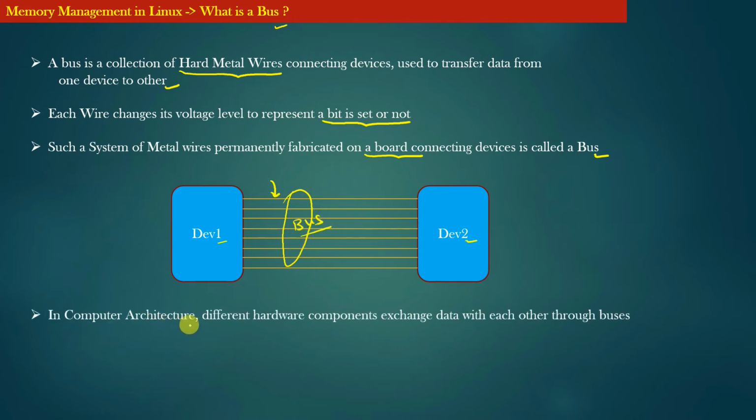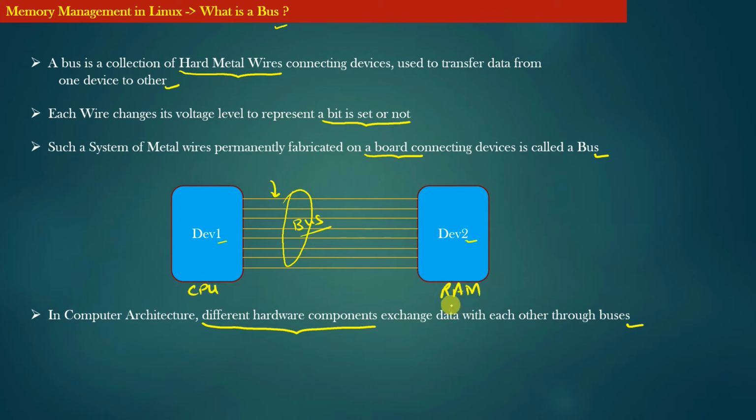In computer architecture, different hardware components exchange data with each other through buses. Now what are these different hardware components? In this diagram we have two devices, device 1 and device 2, connected with each other through a system of bus. Device 1 could be your CPU, whereas device 2 could be your RAM.